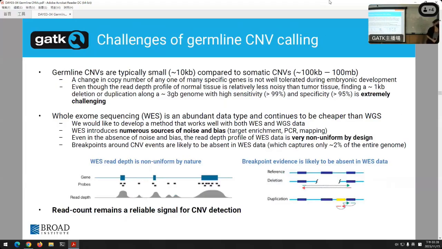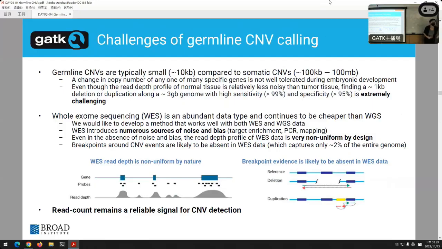As I said, if you have a really huge copy number variant like you see in a tumor, you might hit some really important genes, and then maybe you just wouldn't be able to survive that. So we don't see as many of those really huge copy number variants in the germline, although we see them sometimes. They're quite rare. So because those events are smaller, that makes it a little bit more challenging.